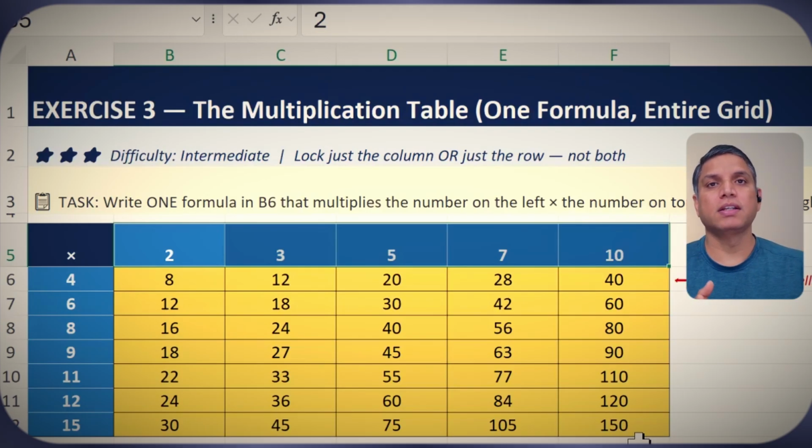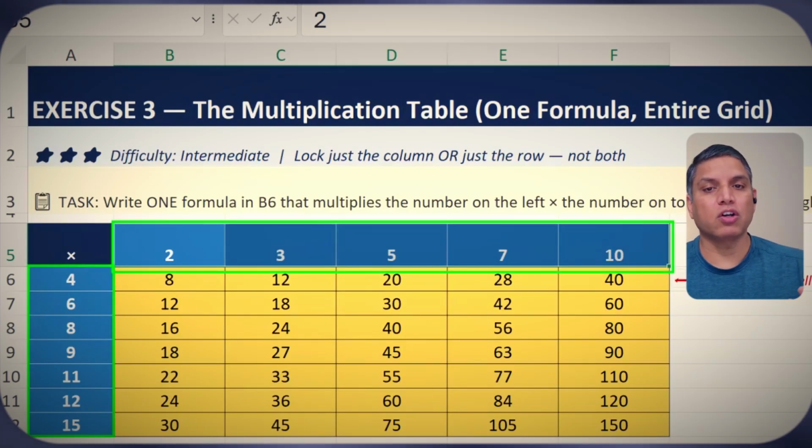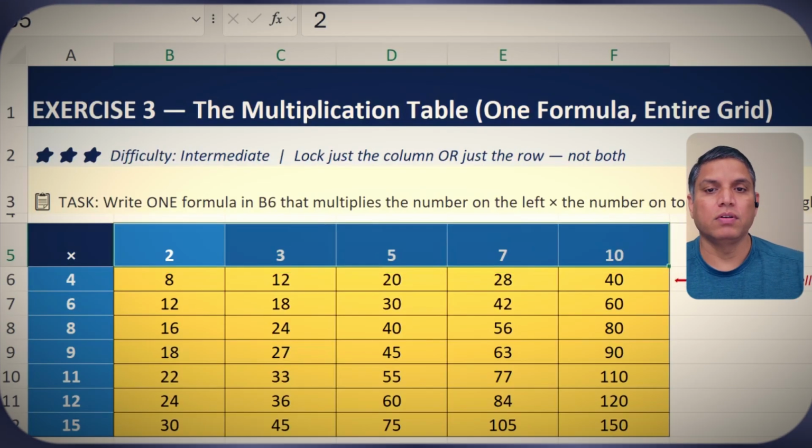You need to fix the place where data is residing, where data is living. It was column A and it was row number 5. Now we can't say the common thing is the data is living in B5, C5, D5, E5, F5. No, what is common? Row number 5 is common in all the data set. Column A is common in all the data set. That's why we need to use this.